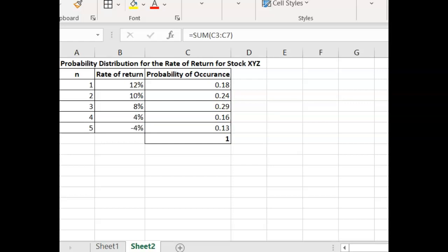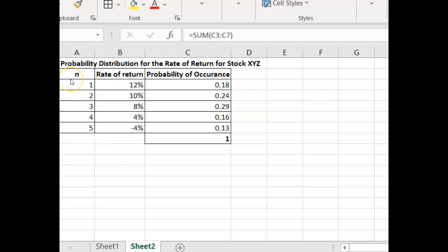Generally, long-term historic returns can help us determine a good probability distribution for the particular asset that we are considering. However, for the purpose of this illustration, let's assume that an investor is considering investing in the stock of XYZ. The probability distribution that we are assigning to these expected returns is given in this table here.